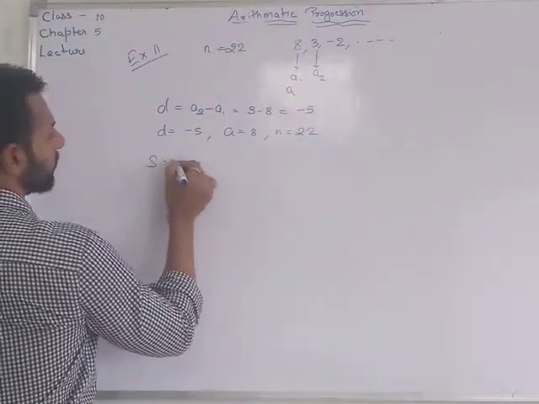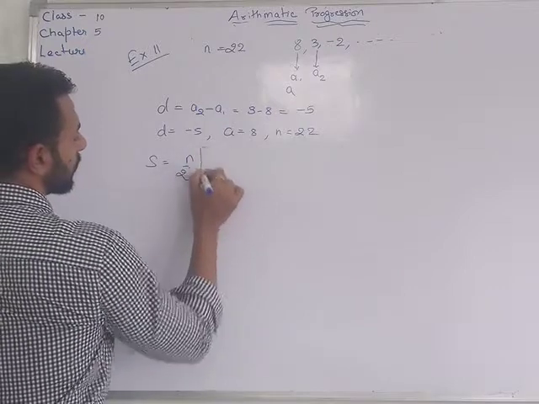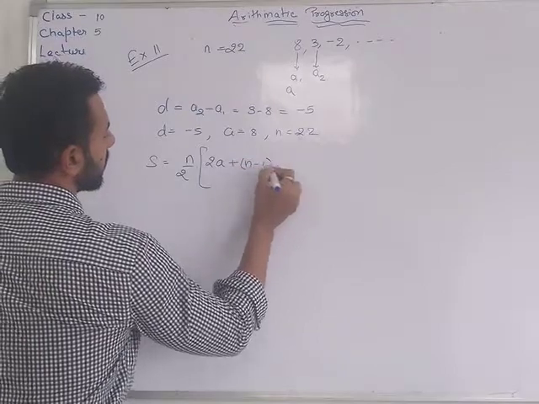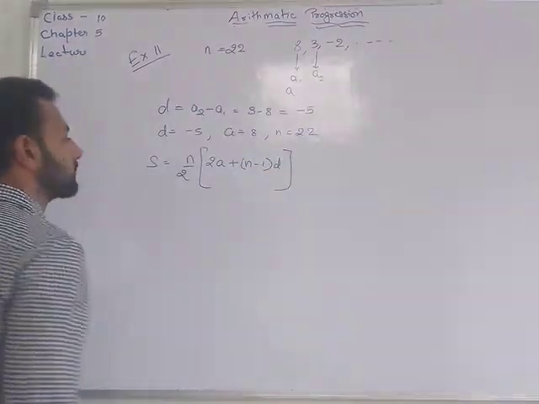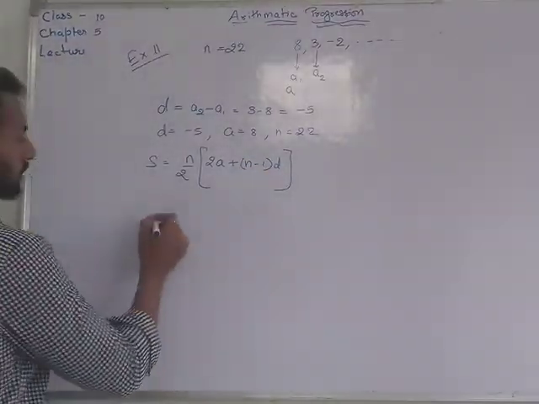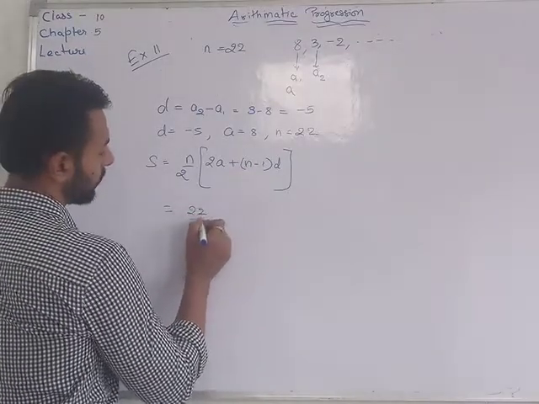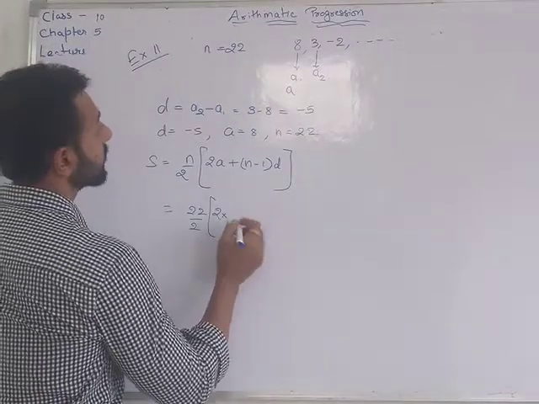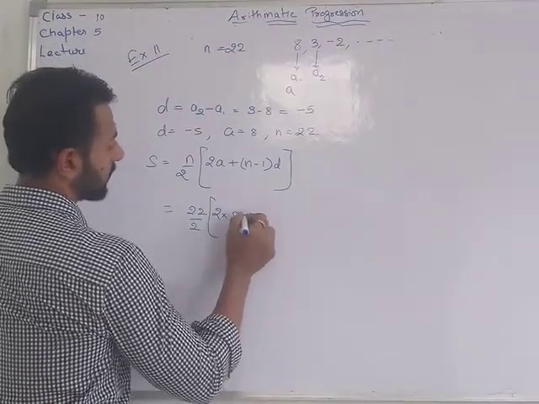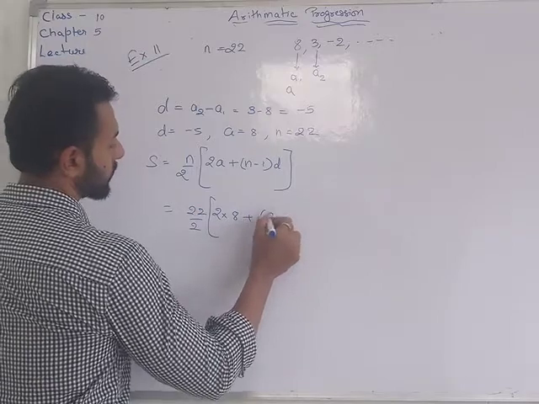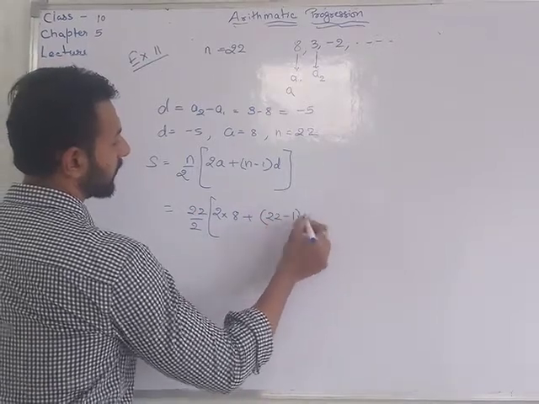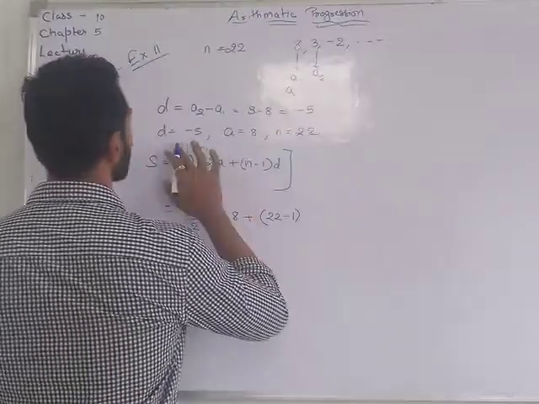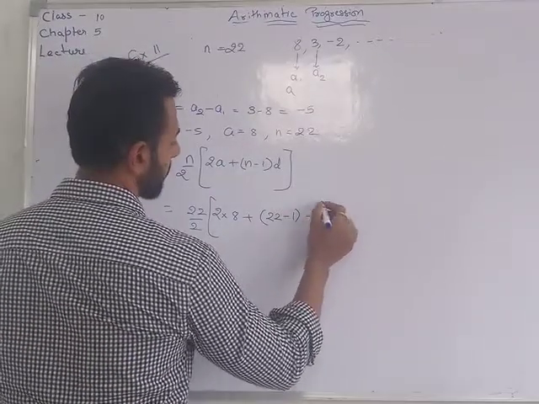Substituting the values in the formula, n by 2 into twice of A plus (n minus 1) into D. Putting the values, 22 by 2 into twice of A, which is 8, plus (22 minus 1) into D, and D is equal to minus 5.